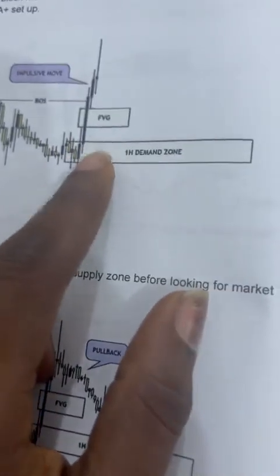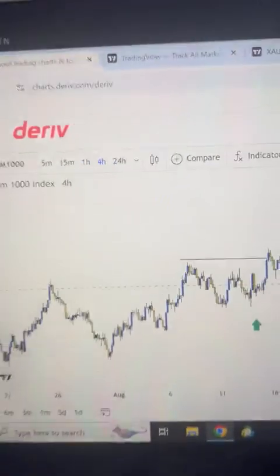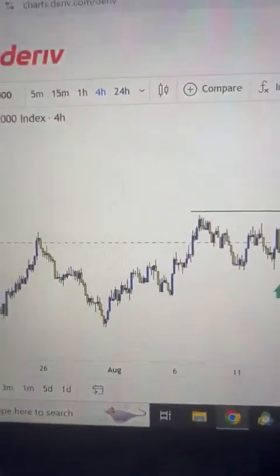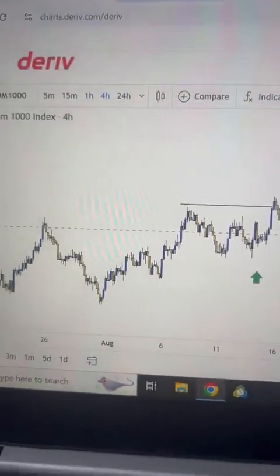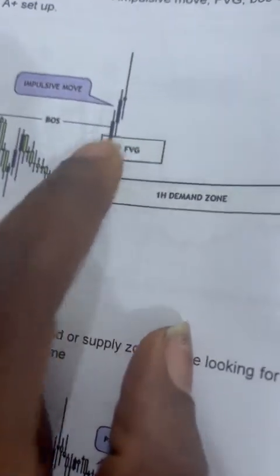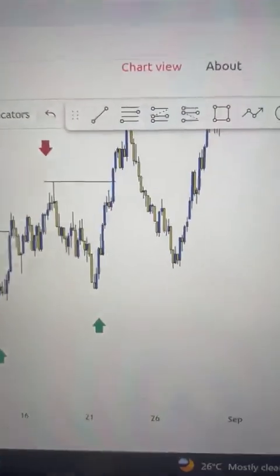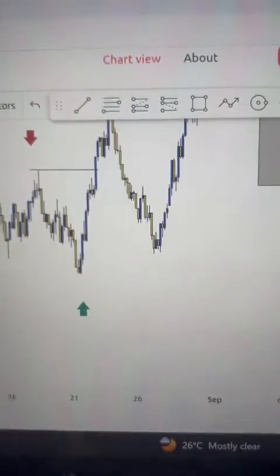Your demand zone can be on the 1 hour or the 4 hour, but I like to check it on the 4 hour first. If I did not see it, then I can check it on the 1 hour. Once you mark it, you mark your fair value gap, and you make sure there is an impulsive move. Checking here, we can see that we have an impulsive move, then we have a demand zone here.